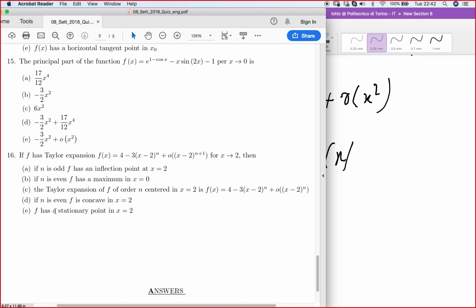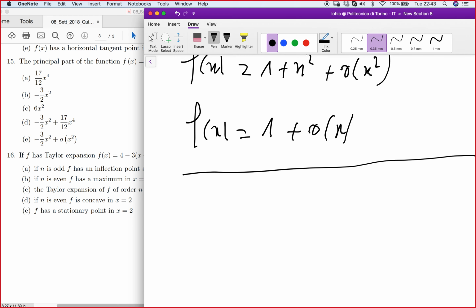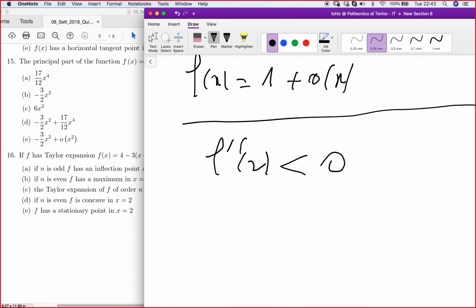Now, if n is even, f is concave in x equal to 2. But concave in x equal to 2 typically means that the second derivative at 2 is smaller than 0. But imagine, for example, that n is 4.